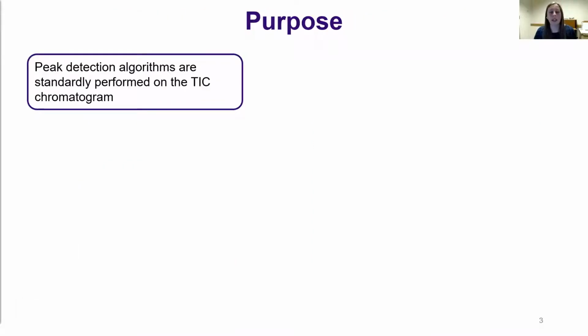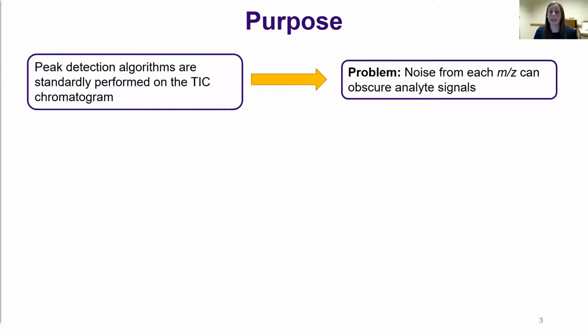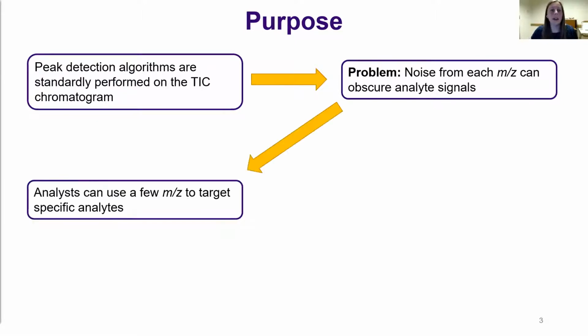However, the problem with a lot of these peak detection algorithms is that they're commonly performed on the total ion current, or TIC, chromatogram. Therefore, for analyte signals at low concentrations, the noise from every single mass channel can ultimately obscure those low signals. Analysts can typically try to use a few mass channels to target those specific analytes at low concentrations.